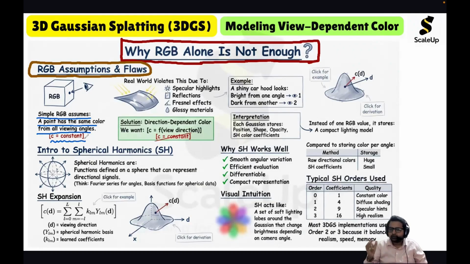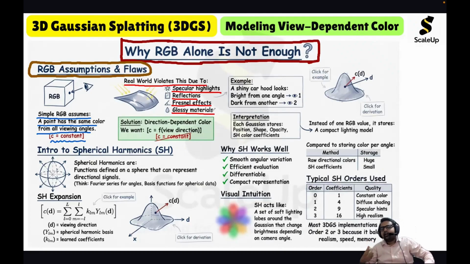Constant color means that for a pixel, whatever the color, it has to be the same if we look at it from any angle. But in the real world, it is not like that, because we have glossy surfaces, specular highlights, reflections, Fresnel effects, and glossy materials.